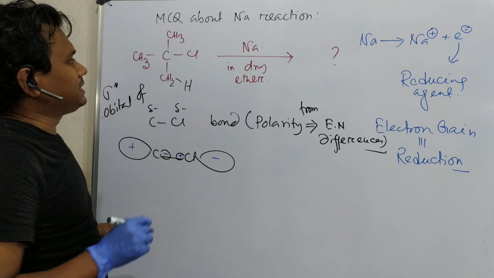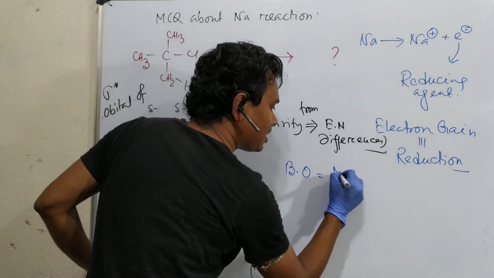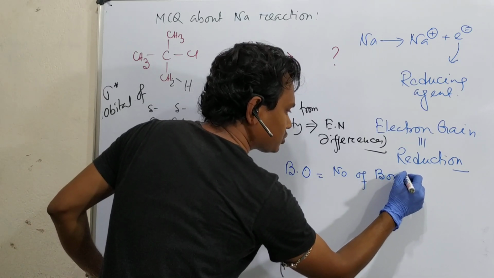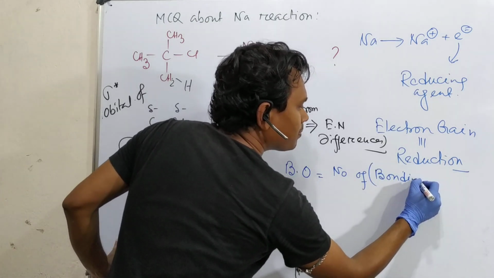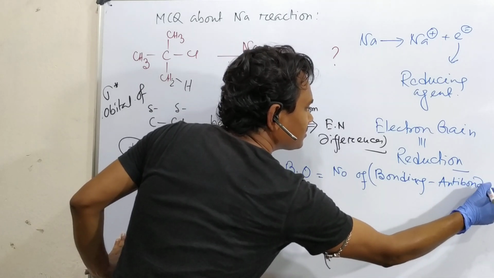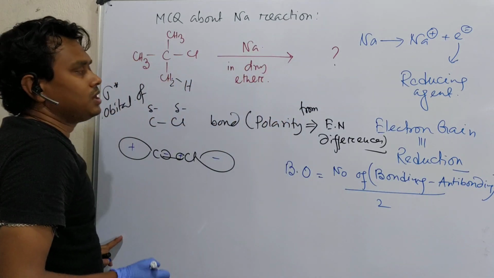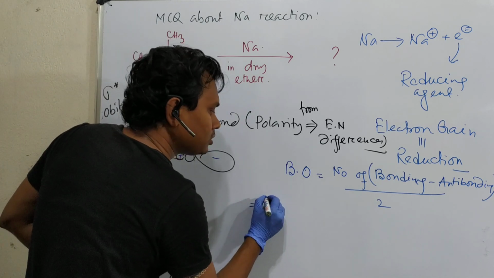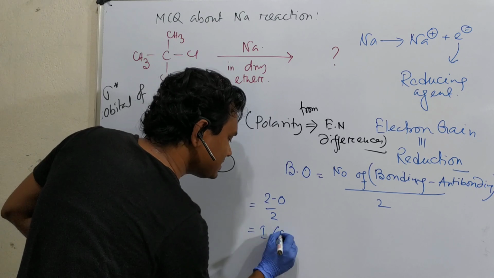Now bond order means the number of bonding electrons minus anti-bonding electrons, divided by 2. In this case bonding electrons are 2, anti-bonding electrons 0, so bond order equals 1, meaning it's a single bond.